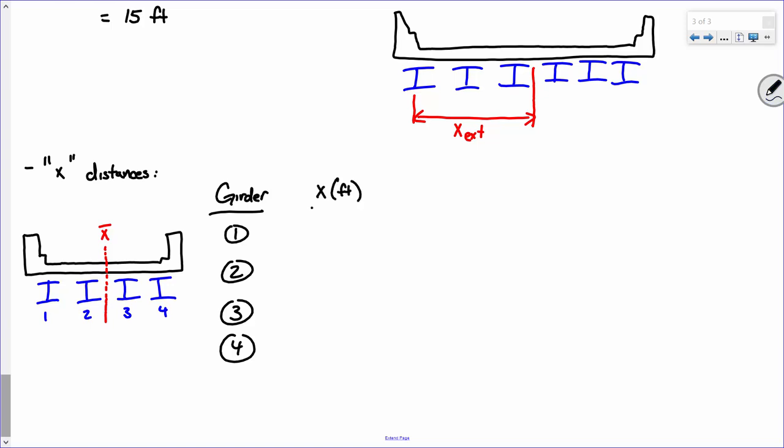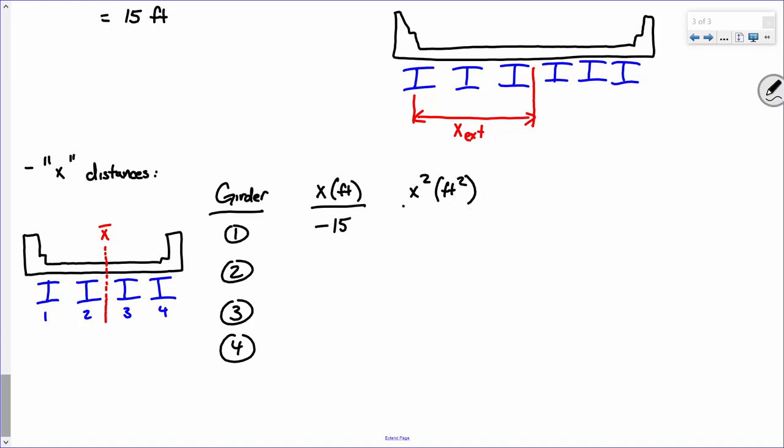How far is it from the center of gravity, that centroid, to the center line of girder 1? 15. Now, he said minus 15. I'm going to go ahead and put minus 15, but it's not going to matter, because ultimately what we're going to do is calculate x squared.